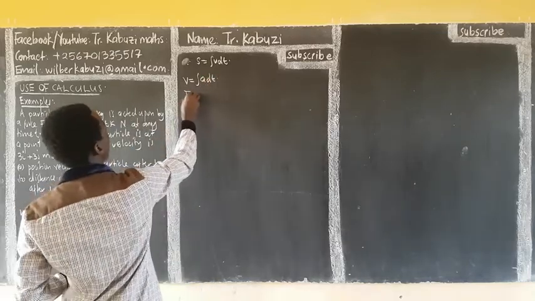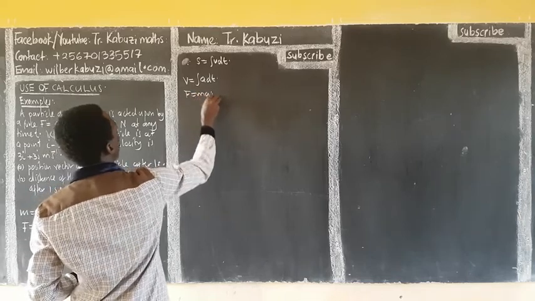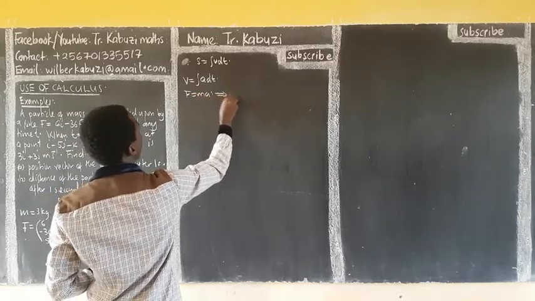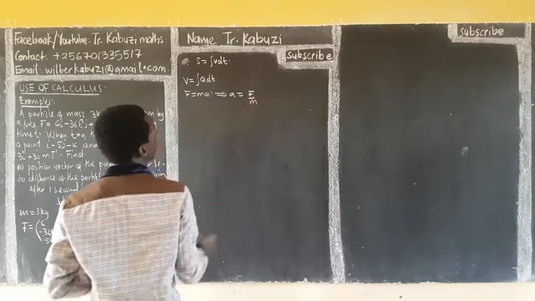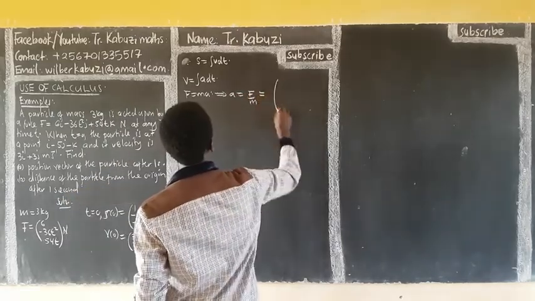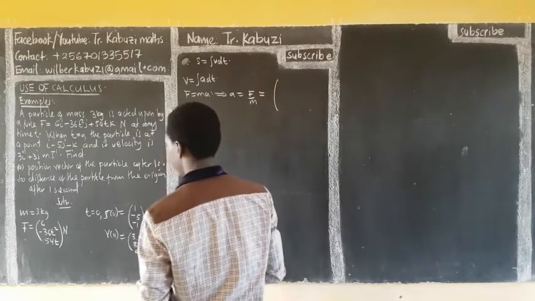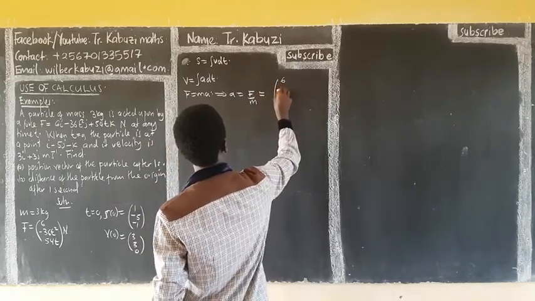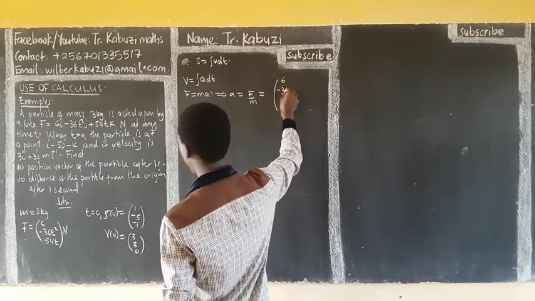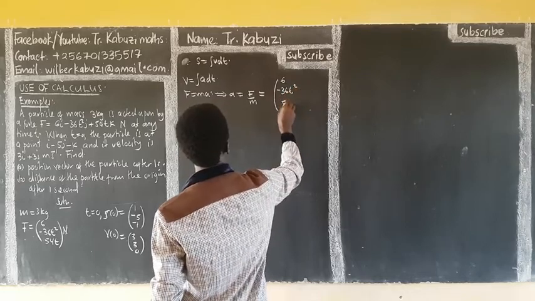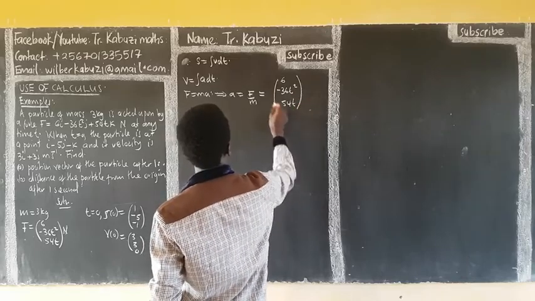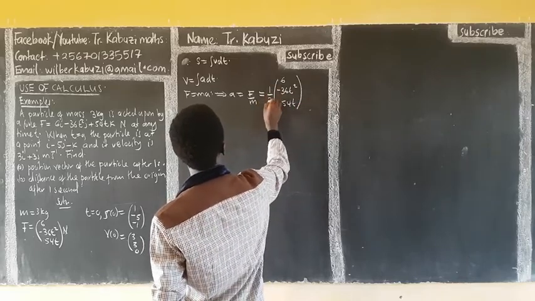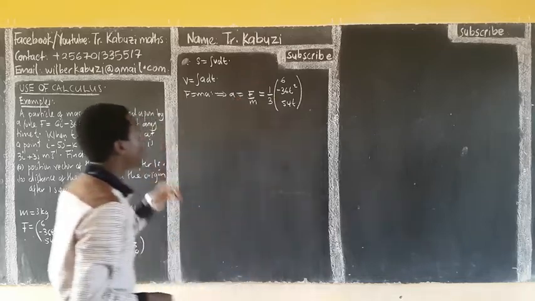So know that F is equal to ma, implying that our acceleration will be equal to the force over the mass. Our force was 6, -36t squared, then 54t, divided by the mass, which is 3. When I remove this part, it's 1/3.